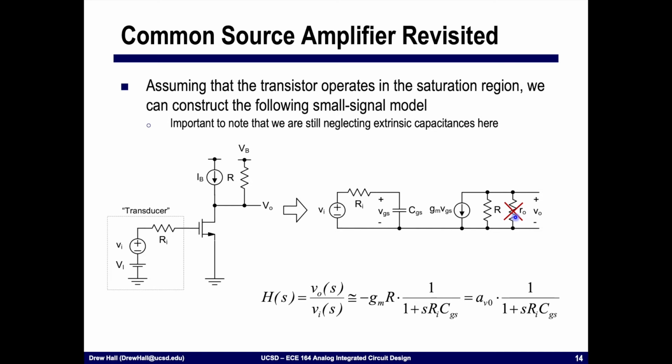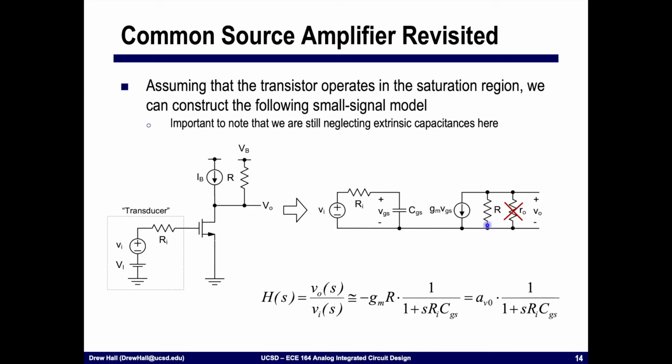All right, so if I wanted to derive the transfer function, that is how to get from the input here to the output, I would simply do KCL and I see a pretty simple expression. At the input, I have a pole, okay? At the output, I'm simply taking the voltage that I have across this capacitor, across CGS, and multiplying it by GM to get a current, and then dumping it into this resistor to get back a voltage.